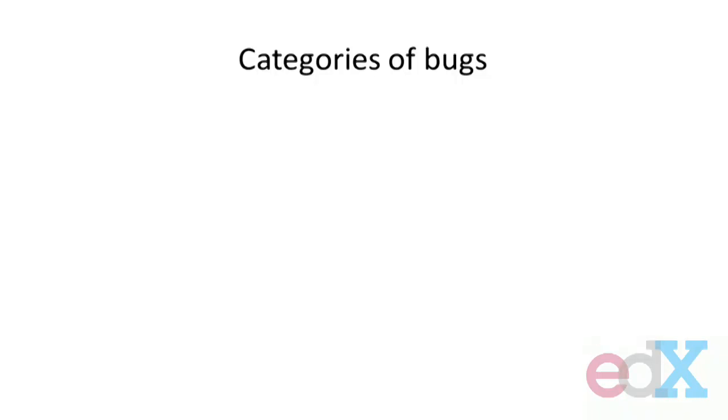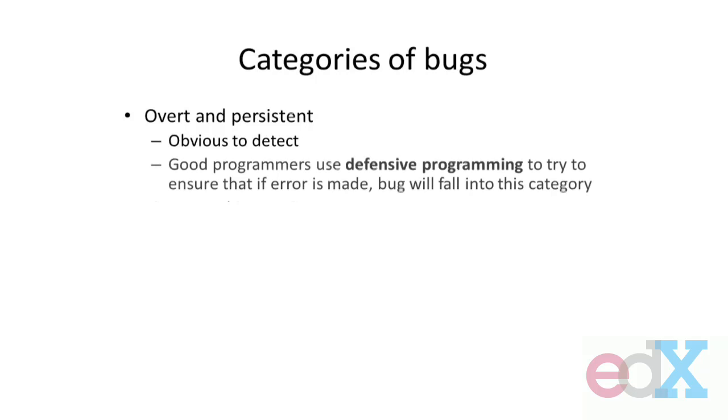So, in increasing order of worrisomeness, an overt and persistent bug is obvious to detect and really easy to correct. Indeed, good programmers will use what we call defensive programming to try and ensure that if an error is made, the bug will fall into this category. Defensive programming says if I've got an expectation of what conditions are in an input, I might test for them before I actually run the code and throw an error.